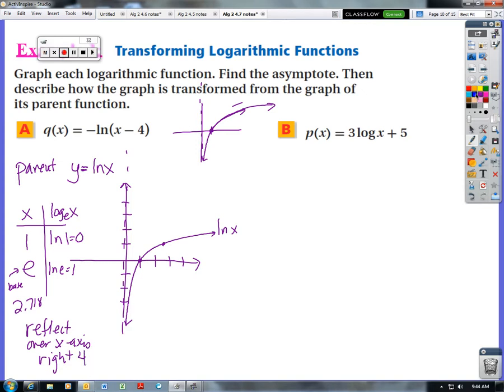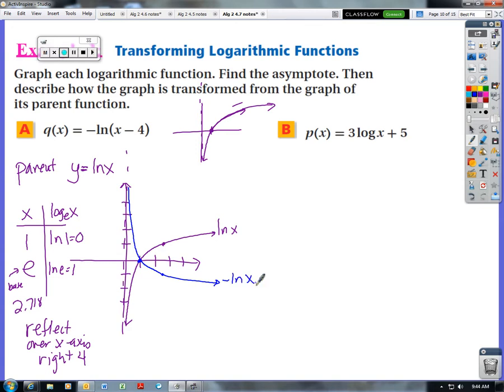I only have 2 points to work with, so this shouldn't take too long. So first I'm going to reflect over the x-axis. This point's going to stay on the x-axis. And if I reflect this one over the x-axis, it's going to come down an equal distance on the other side. That's negative natural log of x.